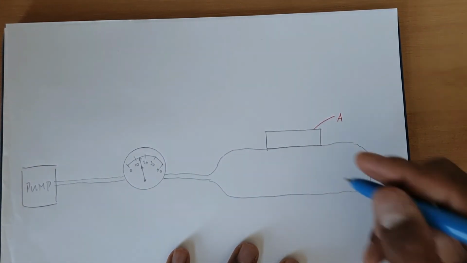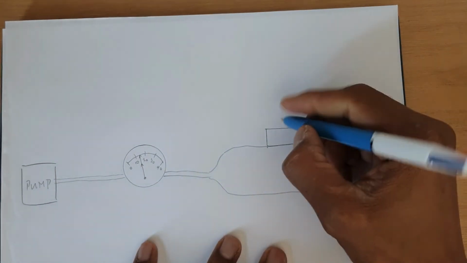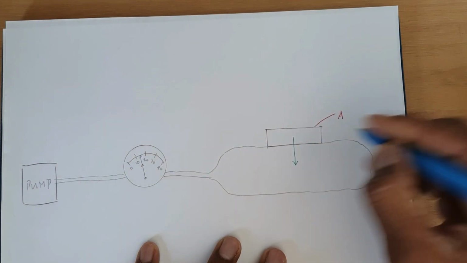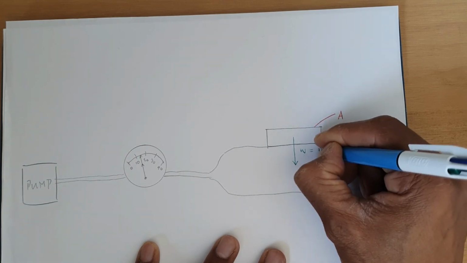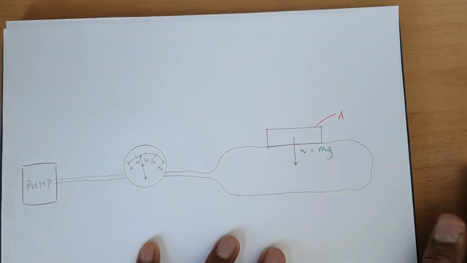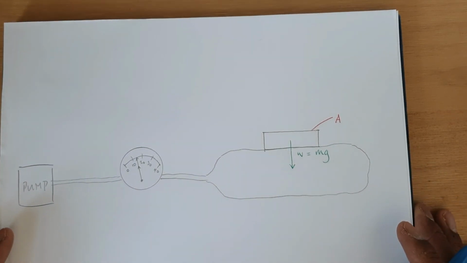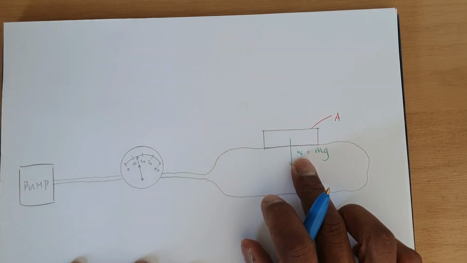I know the weight. And I'll write here that it's equal to m times g. And what I want to do is figure out the weight of this object.